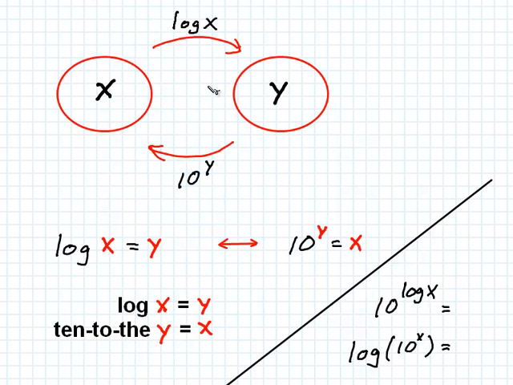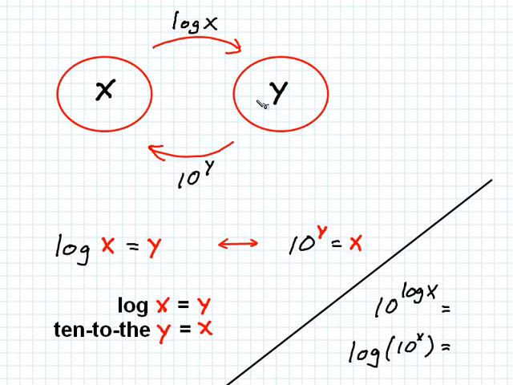Okay, here's a little diagram just to clarify the relationships here. If I have a starting number and I take its log, I get another number. If I take this number and take the 10 to the y function, it comes back to this original. So this followed by this brings you back where you started. Or if I start with y here, I take 10 to the, and then take the log, I'm back to where I started.